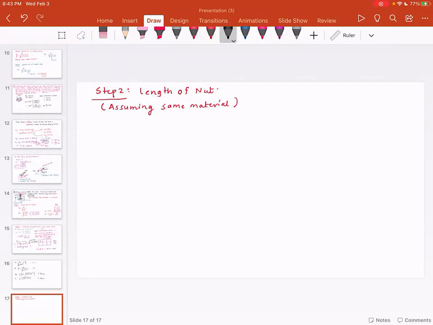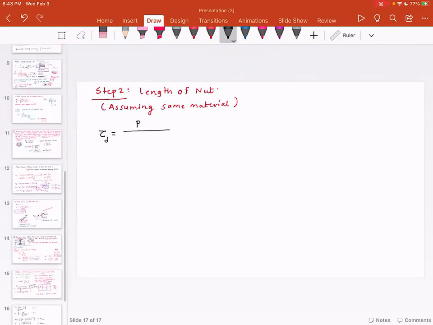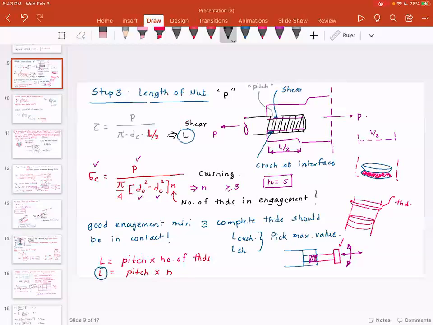So I can look at the shear failure, tau design is equal to P divided by, and just for a second, I would like to go back to this slide. This is the same slide that we used for design of turnbuckle. If you look at the failure, since the turnbuckle has half of the thread on the left hand side and half of the thread on the right hand side, we used L by 2.